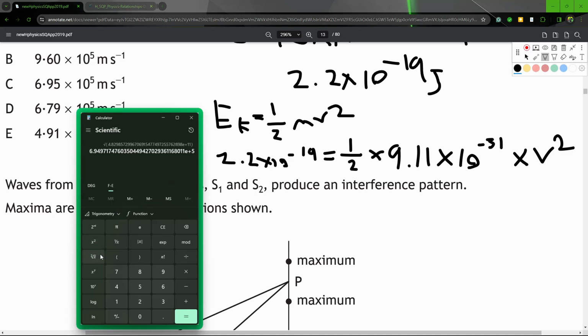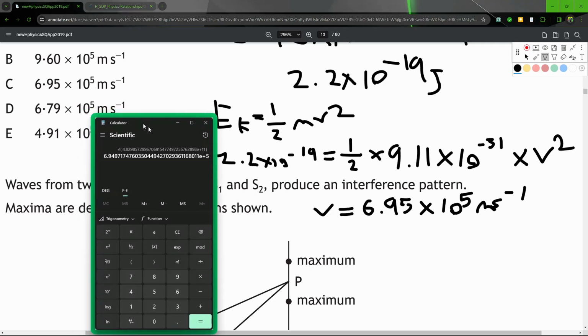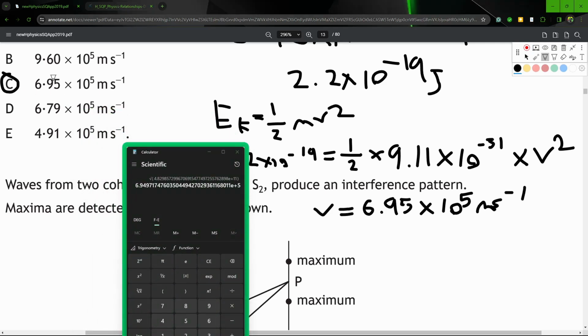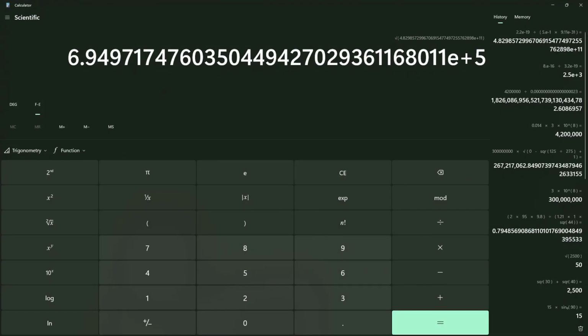But if we square root it, we get v equals 6.94, which rounds up to 6.95, times 10 to the 5 meters per second. Oh, and would you look at that? That's one of our answers. It's C.